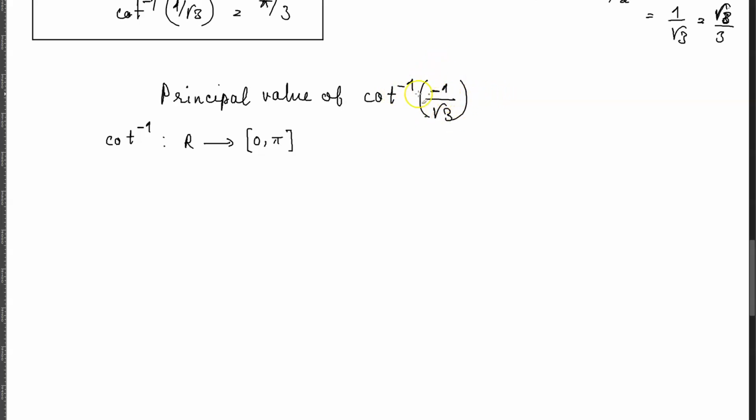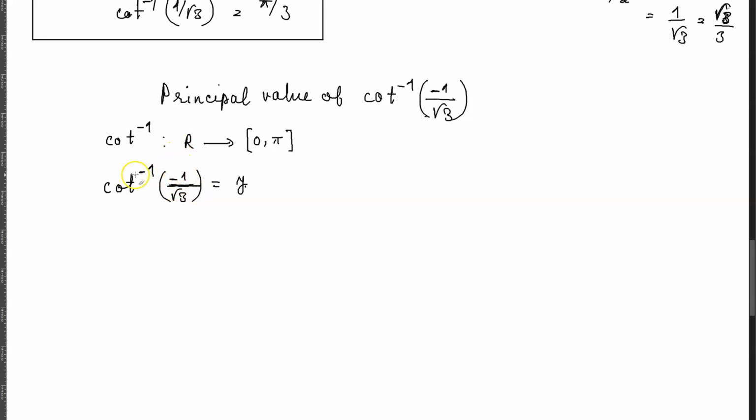And in order to find out what angle I need to have in order to calculate the Cot inverse of negative 1 by square root of 3, I can simply write the Cot inverse of negative 1 by square root of 3 is equal to basically some y, for example, y being some angle, and this is a ratio.